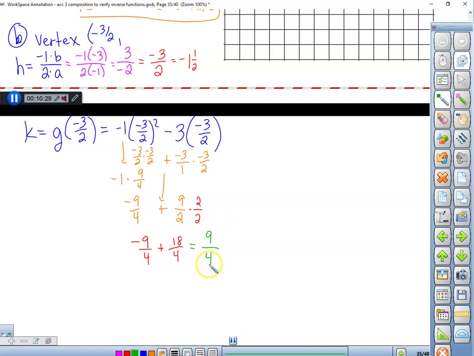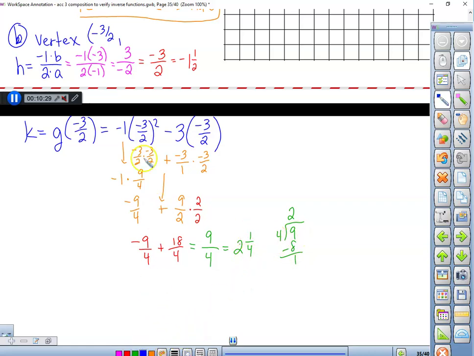So we have 9/4. And you don't have to write it as a mixed number, but you do have to know what mixed number it represents in order to graph it correctly. So we have to know that this would be 2 and 1/4. And again, the math there is division. 4 goes into 9 twice, so that's our whole number of 2. And our remainder of 1 over the 4 gives us the fractional part.